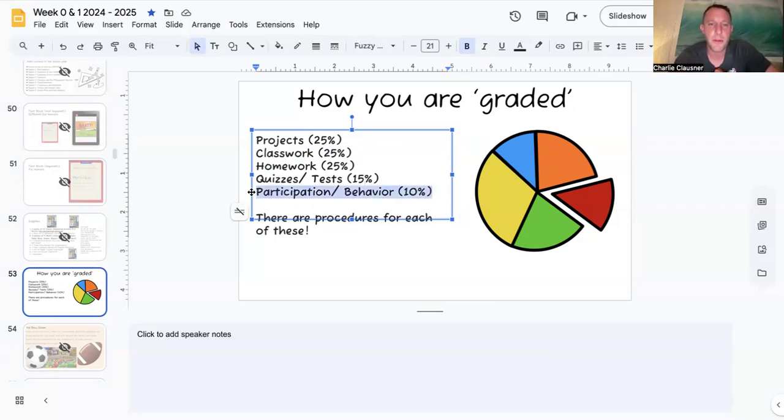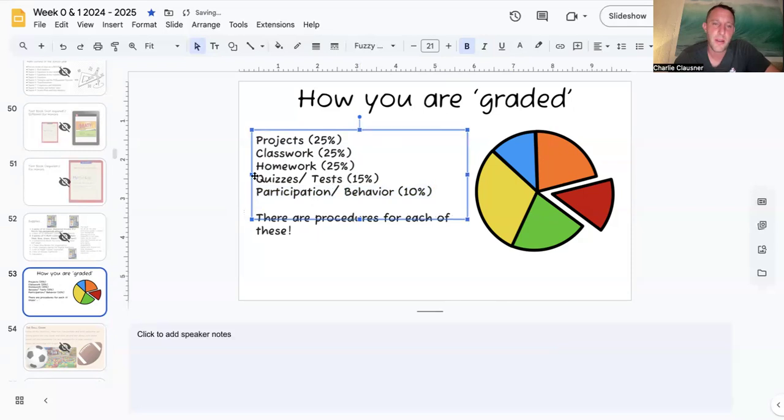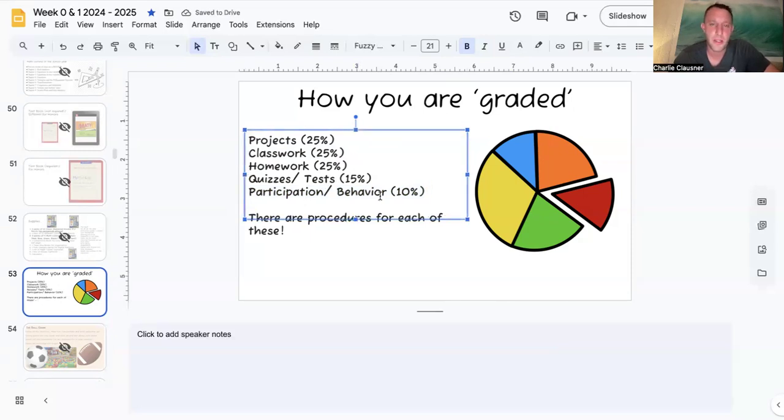And then I do have participation and behavior. So if students really care about their grades, then that might influence them to behave better. But generally, you know, students behave how they behave. But I do want them to participate in class.